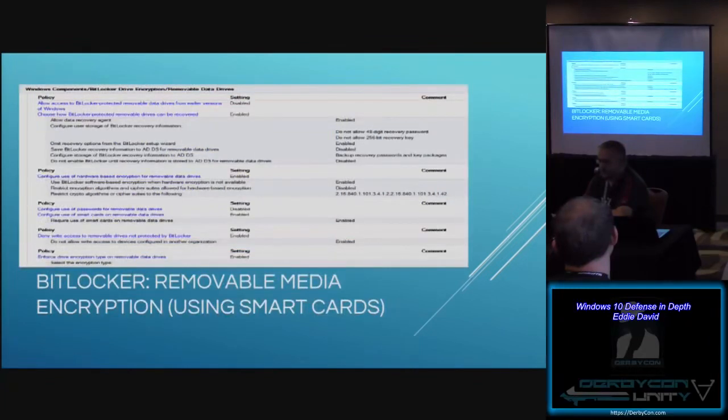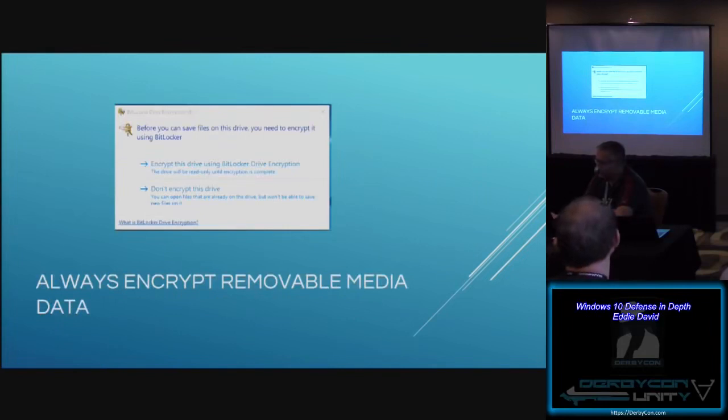So moving on down, I'm setting up my removable data policies. I'm going to allow BitLocker data recovery agents, and there's a reason for that. I'm just going to flip through it because I'm going to be running out of time before too long.